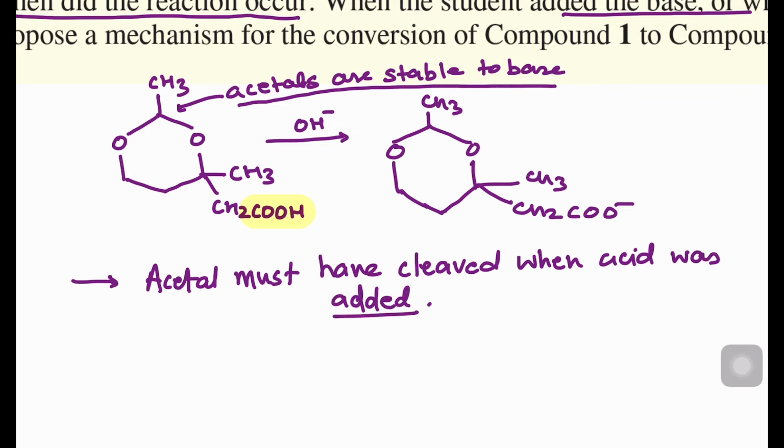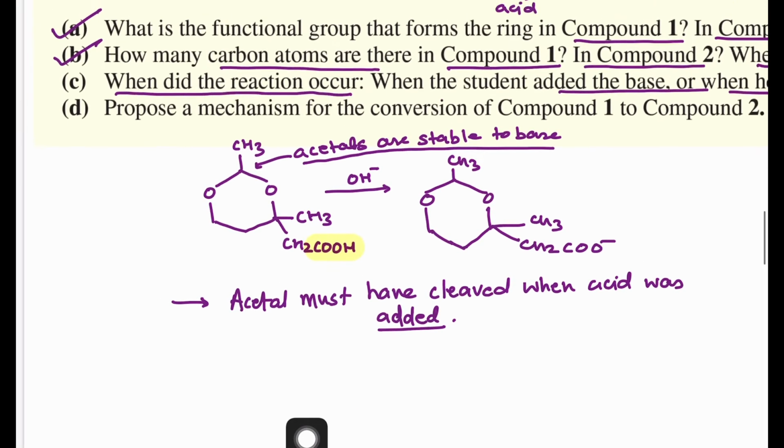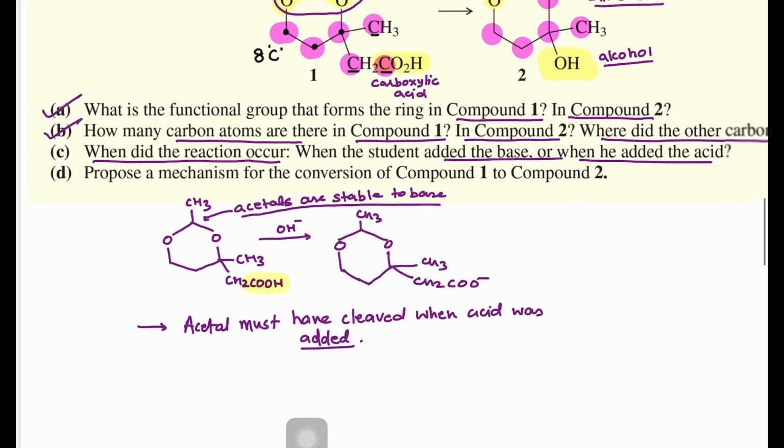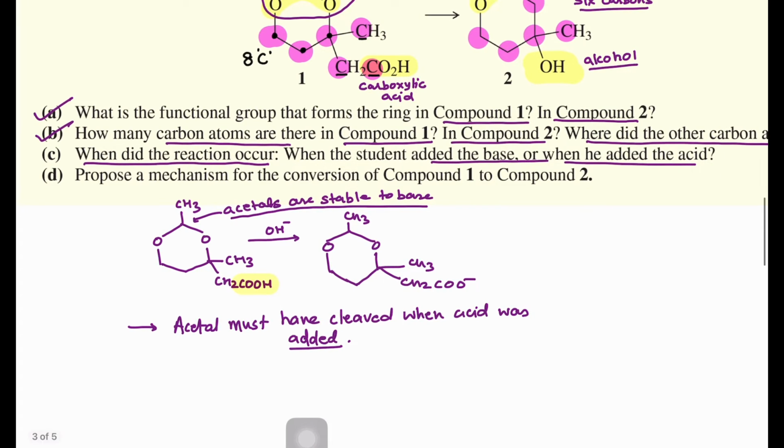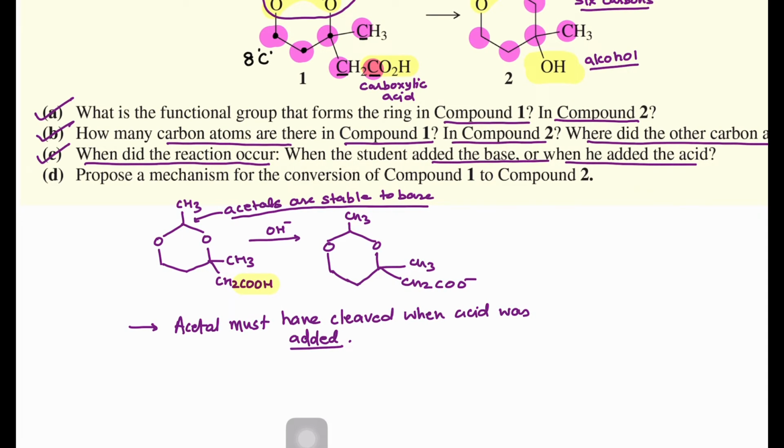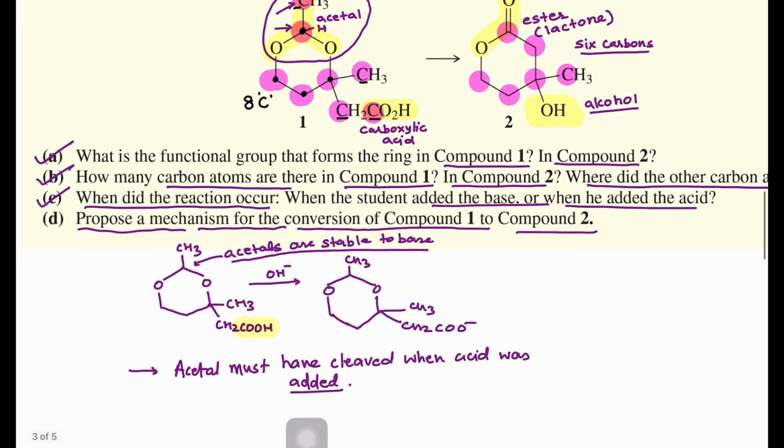Because if you add base, we have seen this reaction will occur, so no change will be there. So the third one is also done. The last one is the important one. Propose a mechanism for the conversion of 1 to compound 2. Basically, we have to propose the mechanism, like how to convert 1 to 2.